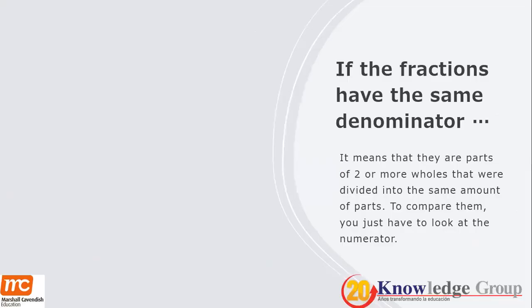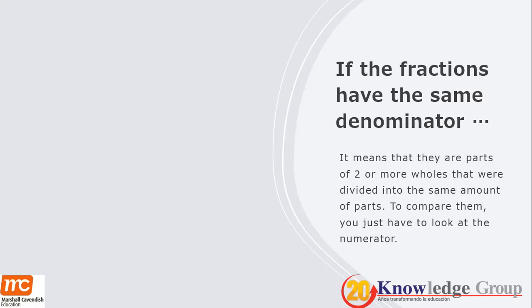When you have to compare fractions, you have to look at the denominator. That's the first thing you're going to look at. You look at the denominator and you check if it is the same. If the fractions have the same denominator, it means that the wholes were divided into the same amount of parts.